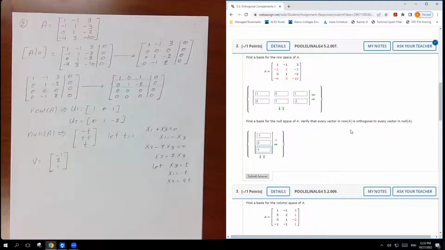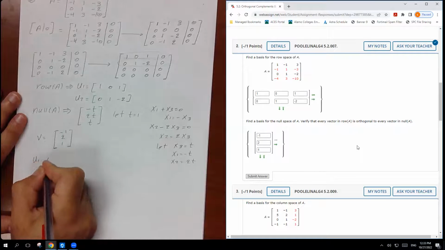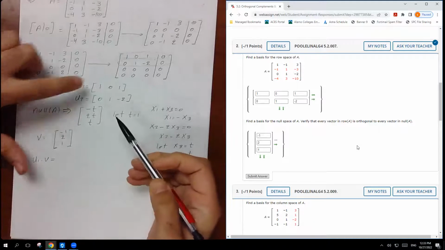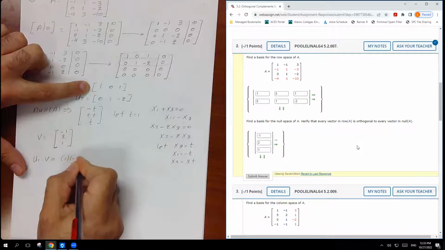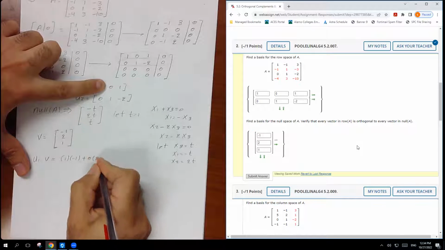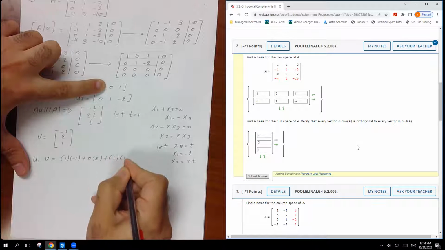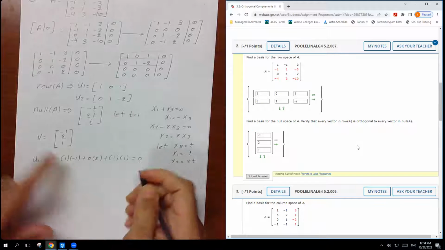One more thing, we need to prove that they are orthogonal. That means the dot product between U1 and V is supposed to equal 0. Let's check the dot product between U1 and V: 1 times -1, plus 0 times 2, plus 1 times 1 is -1 plus 0 plus 1, which is 0.